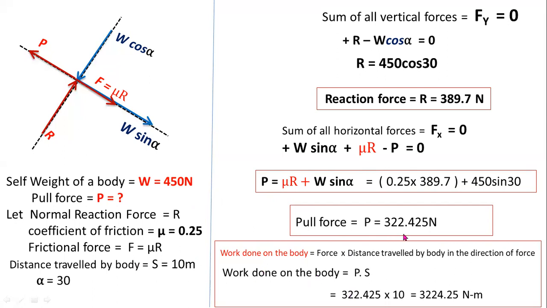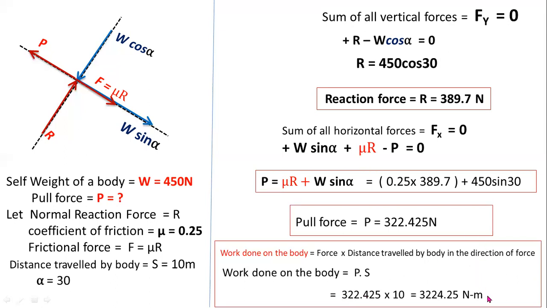Here the pulling force is P, so work done equal to P into S equal to 322.425 into 10 equal to 3224.25 Newton meter. Newton meter is the work done on the body.